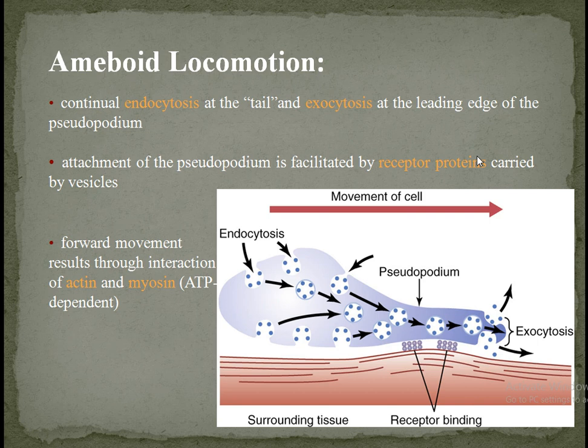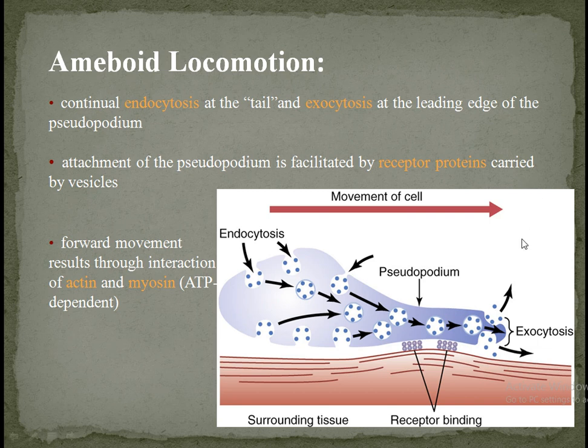The specific movement is called amoeboid locomotion, which is the continual endocytosis at the tail and the exocytosis at the leading edge of the pseudopodia. From this finger-like projection, you can see that it is protruded out, and this finger-like projection is called the pseudopodia, through which the whole cell is moved to the other side.